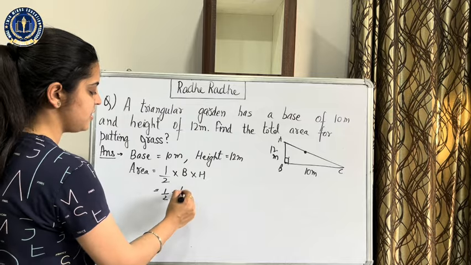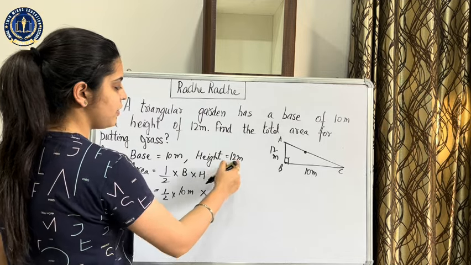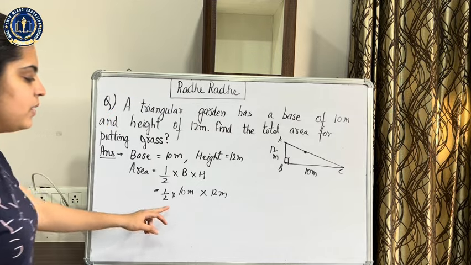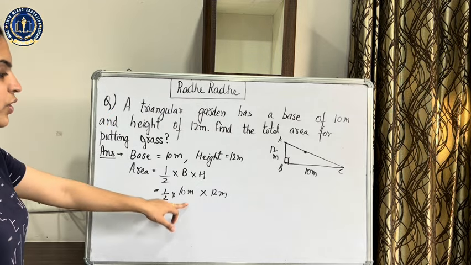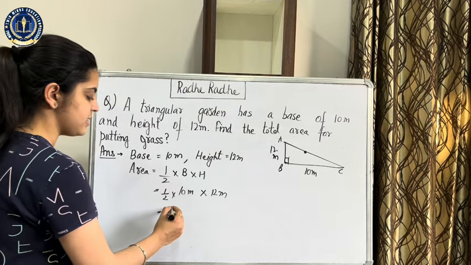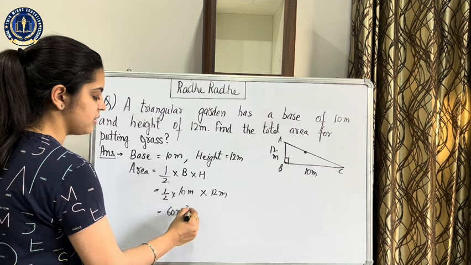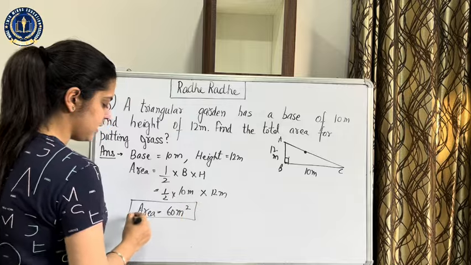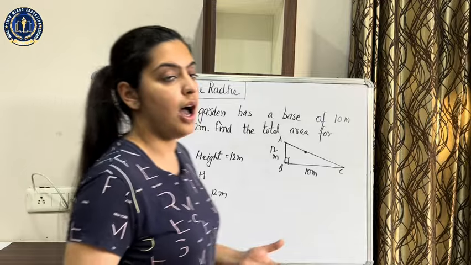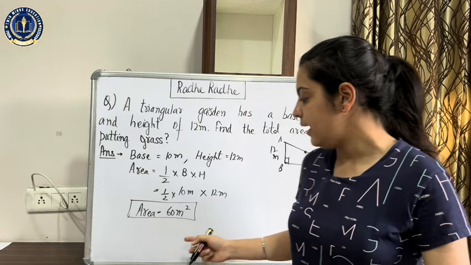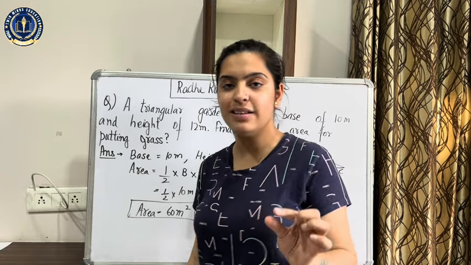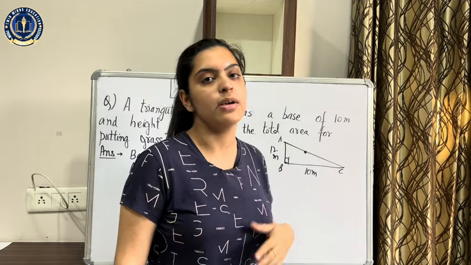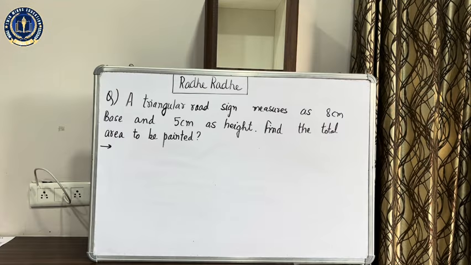That's 10 meters. And the height is 12 meters. So if you multiply it, you will get the answer as 60 meter square. Always remember that whenever we are writing about area, our final answer will be in square units always. Okay, now coming to the next question.